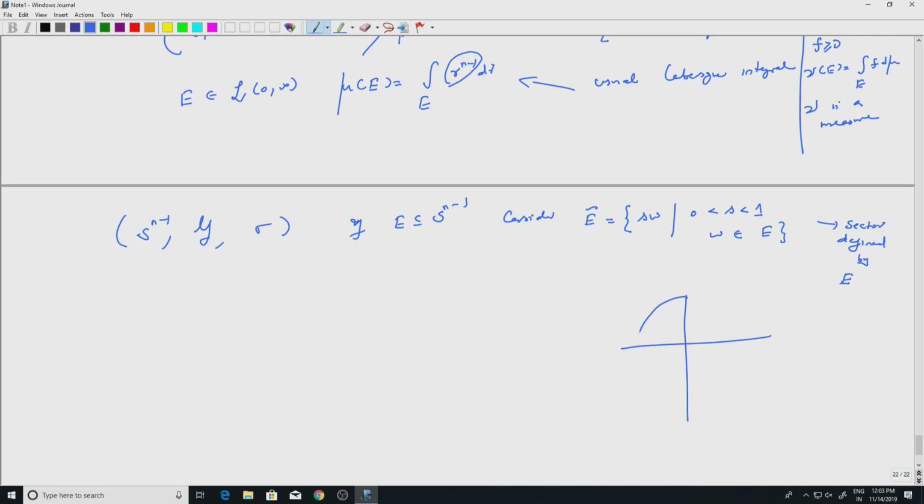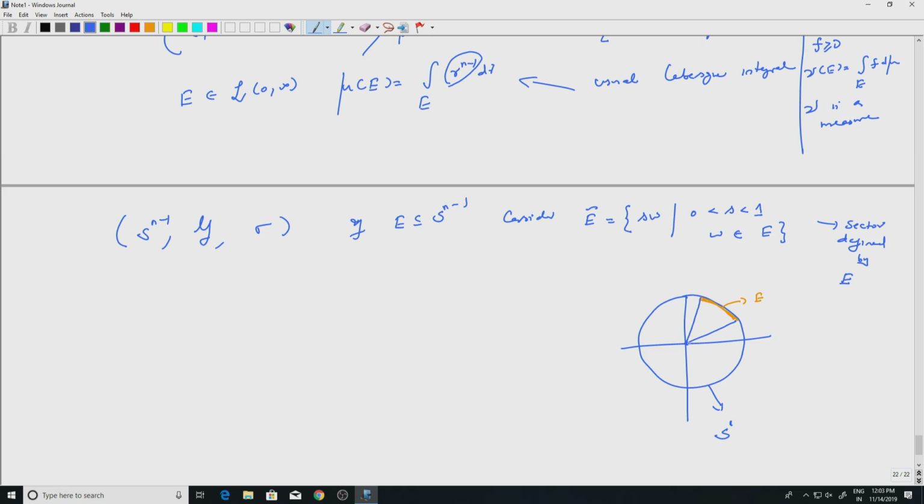So, I look at the unit circle in R^2, that is my S^1, that is S^{n-1} in this case. Then I take some set E. Let us take an arc E. This is my arc E. That is a set in S^{n-1}. Then what is E tilde? E tilde will be, you join these two endpoints to the origin.